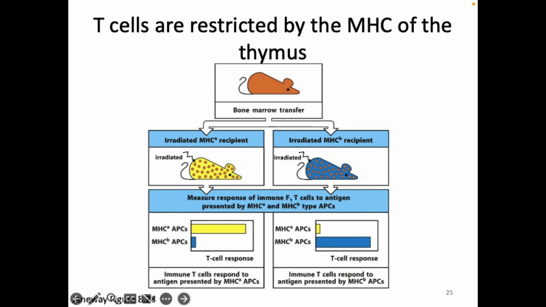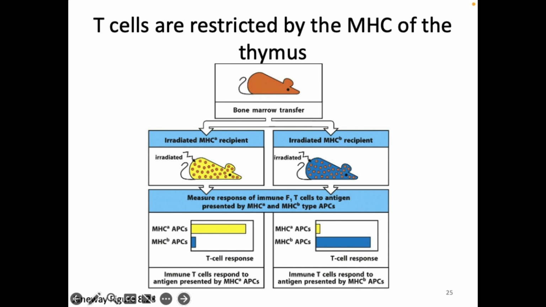That kills all of the rapidly dividing cells in the yellow mouse, which means the yellow mouse has no more immune system. My blue mouse also gets radiation, so we have basically erased its immune system because we've gotten rid of all rapidly dividing cells. So if we just left these mice alone, they would die. And that would be very sad.